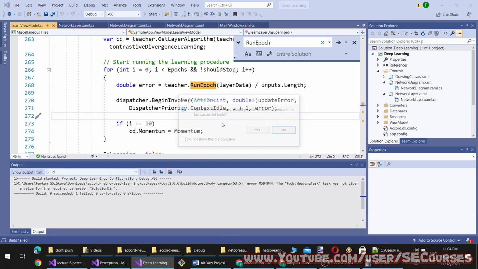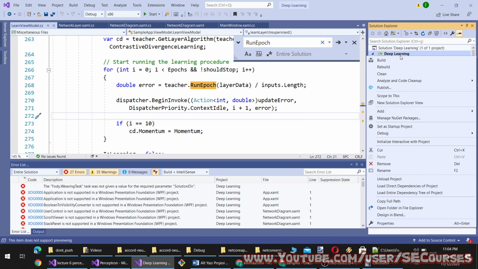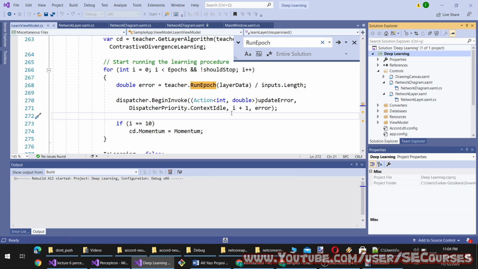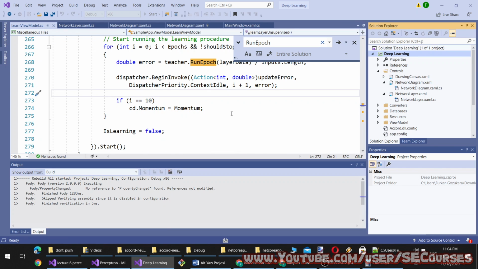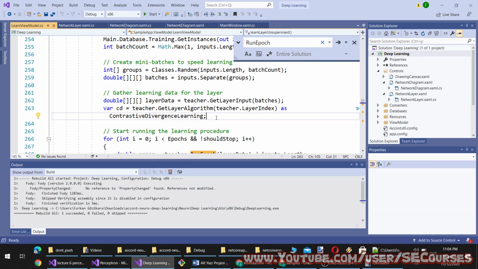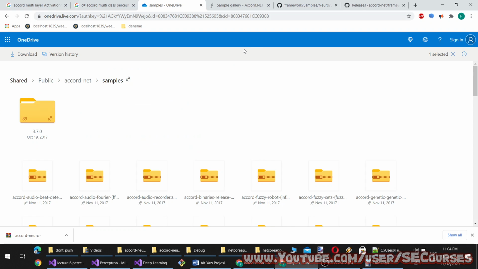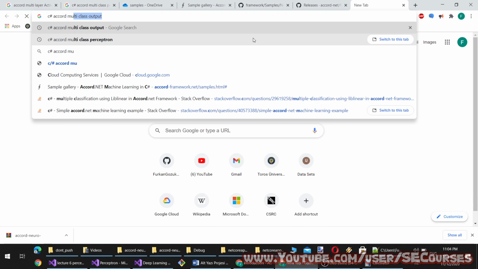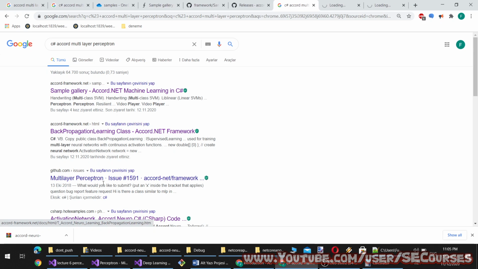Let's run this application and see how it works. Okay, it says there are errors. Perceptron.